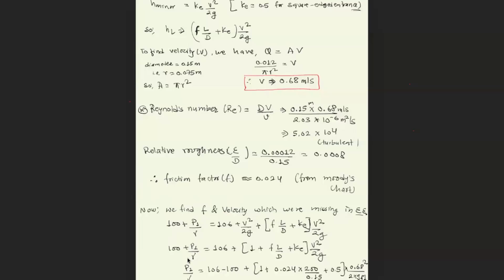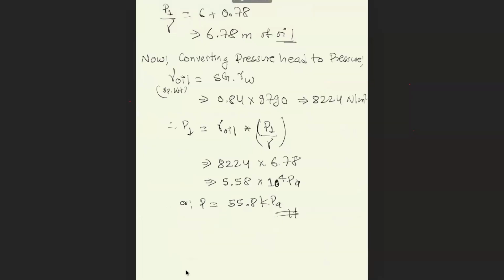I intentionally left P1 by rho on the left side, so it will be easier for the next step. After all the computation, I got 6.78 meters of oil.